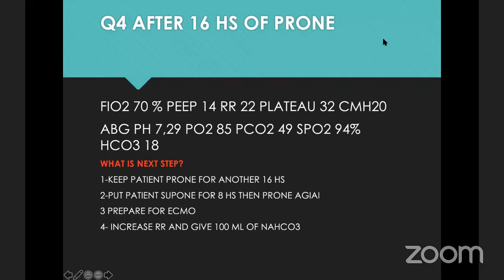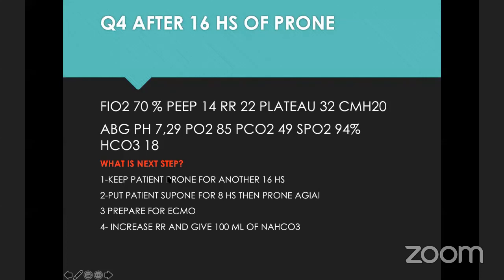Here is another scenario: a patient with FiO2 70%, PEEP of 14, RR 22, plateau 32. The pH is 7.29, PaO2 85, PaCO2 49, improving, and SpO2 improving to 94.